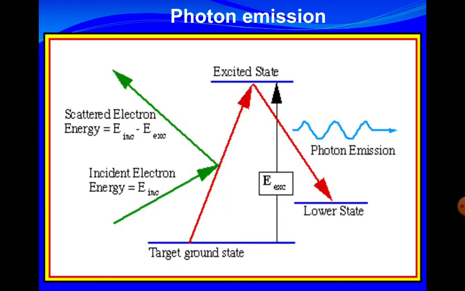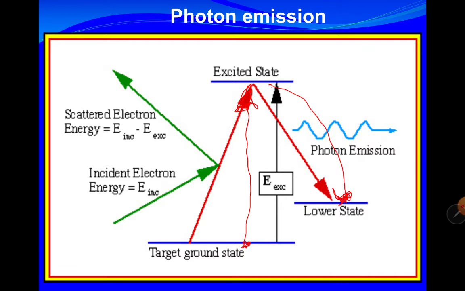So, energy is going in. The electron is at a ground state, then because of the energy input, it goes to a higher state, and then it will fall back to a lower state.